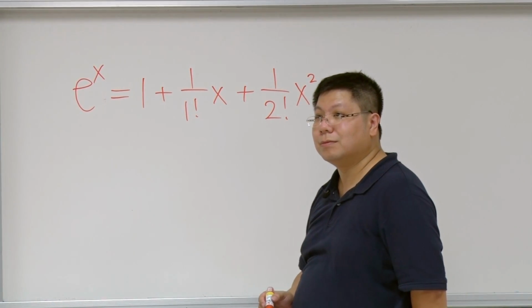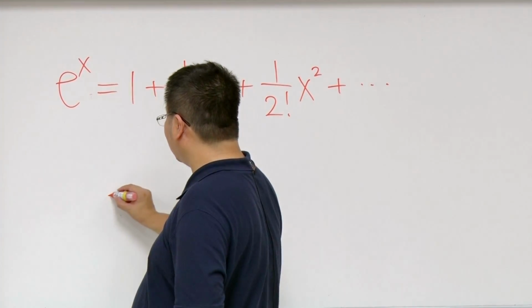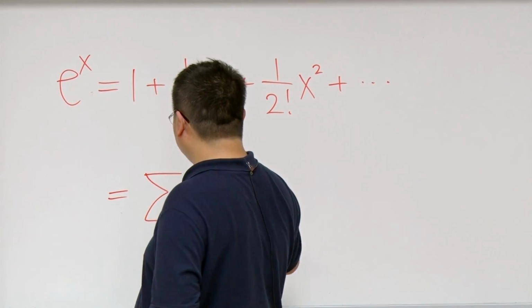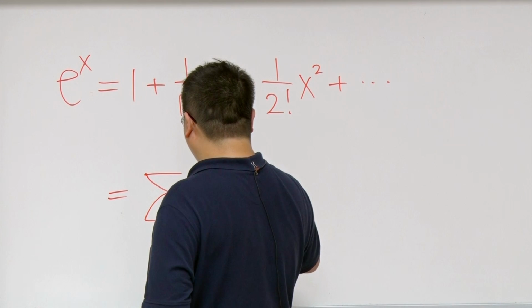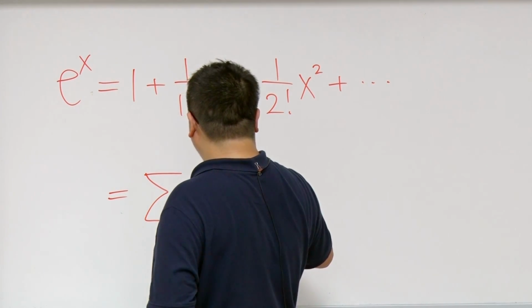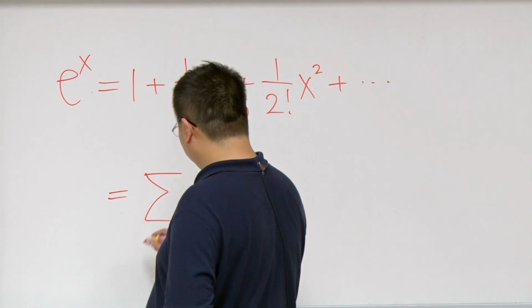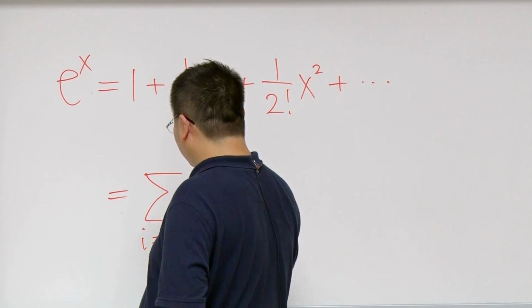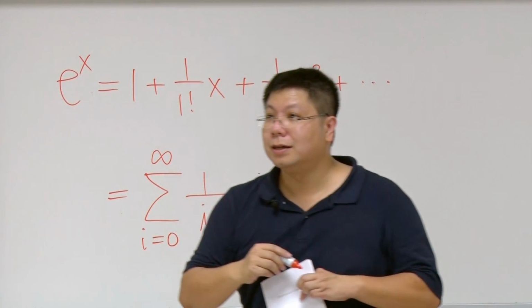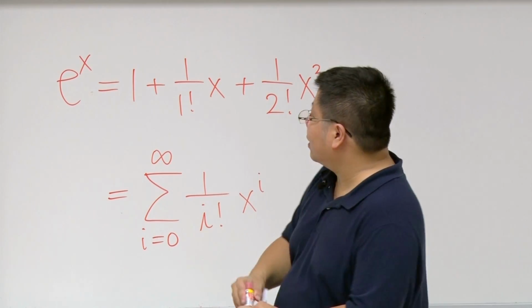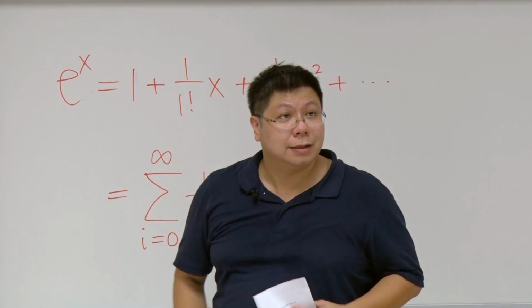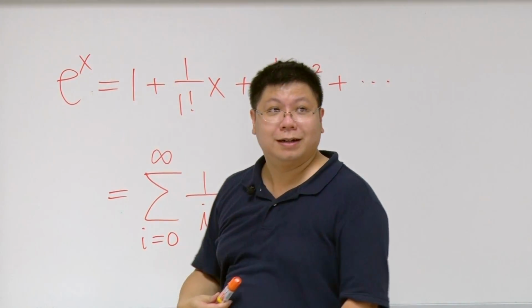Is that okay? So this is equal to what? You can write it as the summation of 1 over i factorial x to the power i, i equal to 0 up to infinity. Now we want to get e to the power 4x, so we put 4x here.